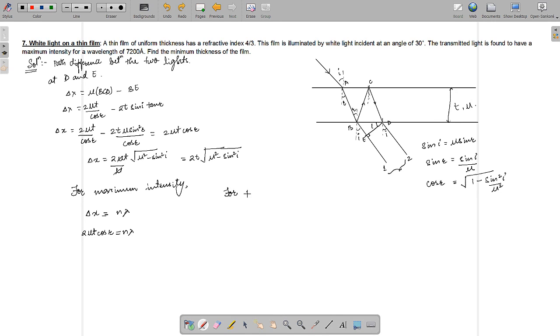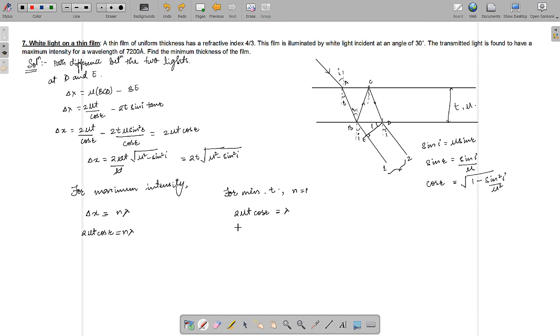n should be equal to 1, so we get 2 mu t cos r should be equal to lambda.